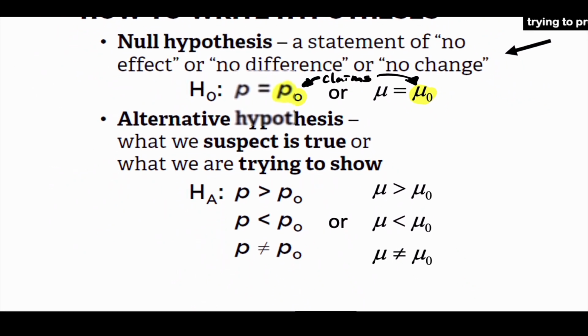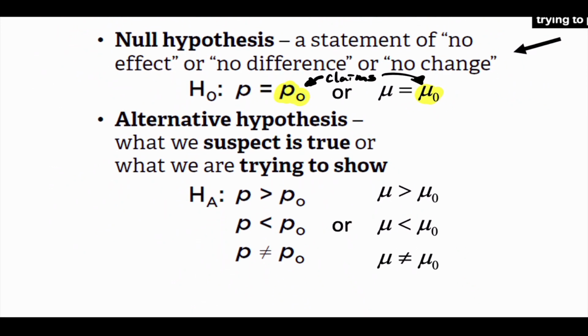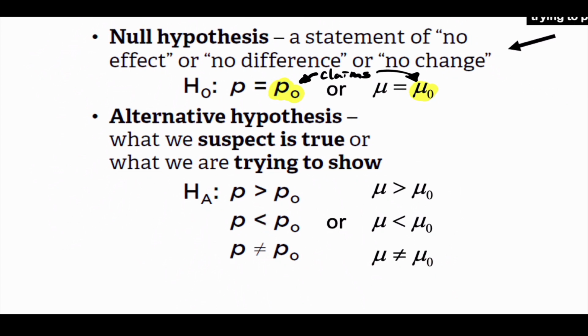Alternative. We have one of three options here. If it's a proportions question, we have three options. If it's a means question, we have three options, right? So we say, no, the true proportion is actually bigger than what I think is happening. The true proportion is smaller. I don't know if it's bigger or smaller, it's just different.